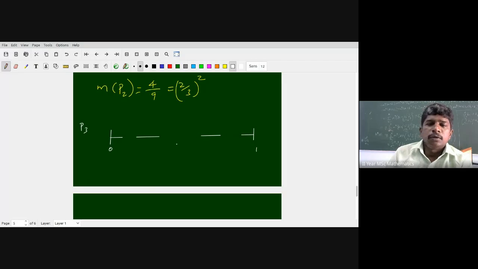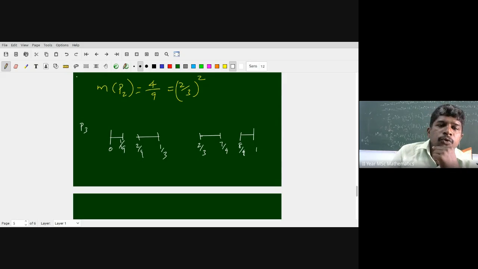This is 1/9, this is 2/9, this is 3/9, that is 1/3. This is 2/3. That is 6/9, 7/9, 8/9, 9/9 is 1. Right? From this we remove the middle.